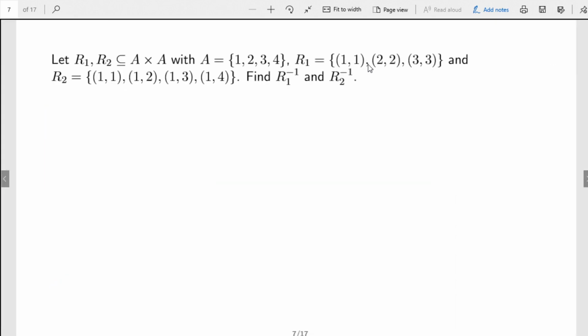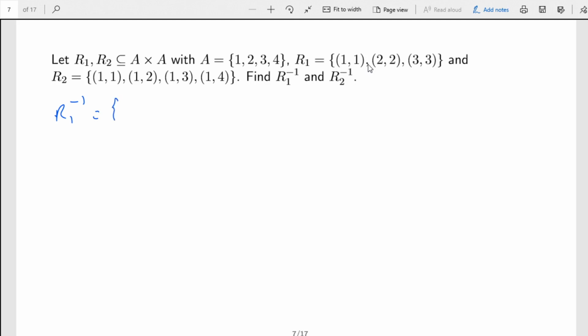Let's have a look at some examples. Here you have two binary relations, R1 and R2, defined on A, where A contains the integers 1, 2, 3, and 4. What are the inverse of R1 and the inverse of R2? This is pretty easy. For the inverse of R1, you just take all pairs of R1 and flip each of them one by one.